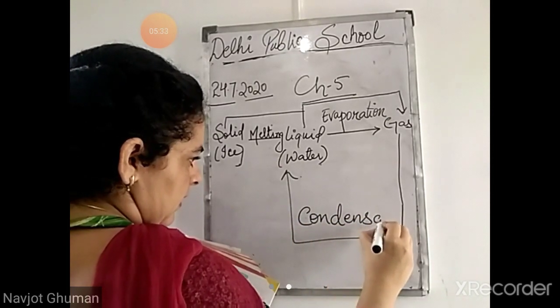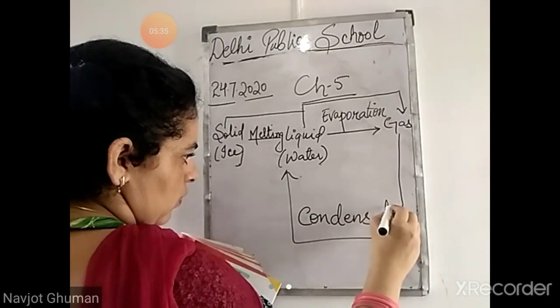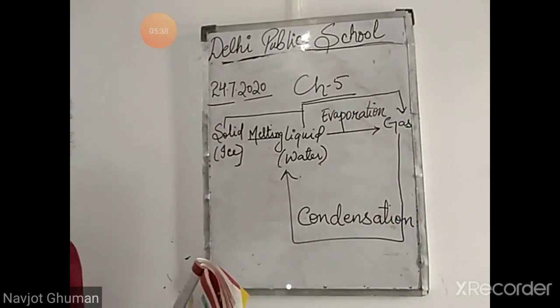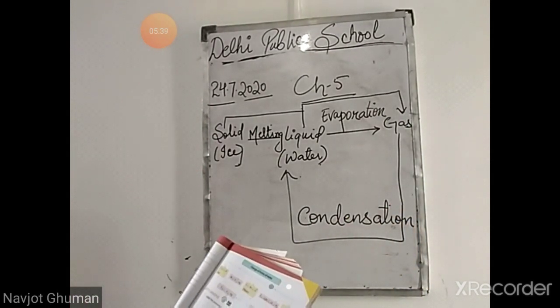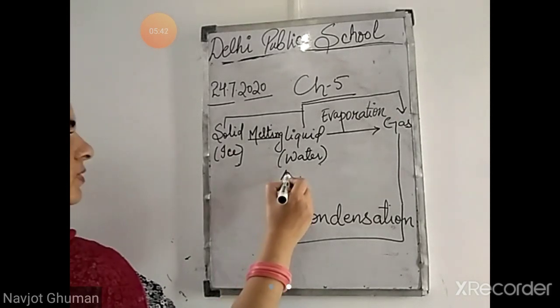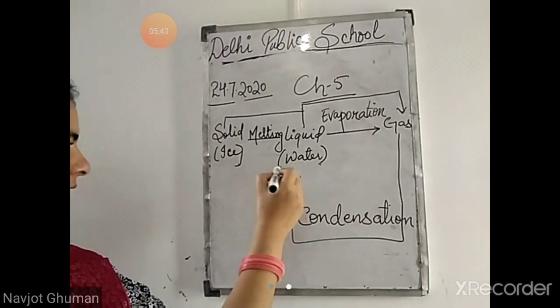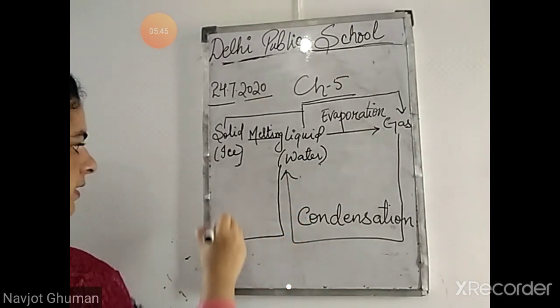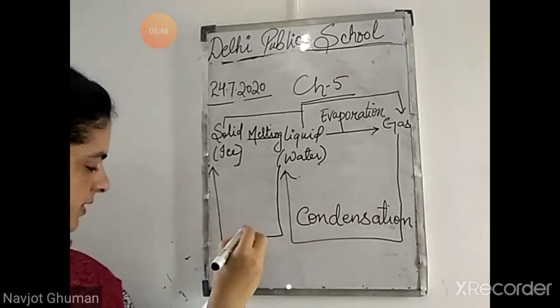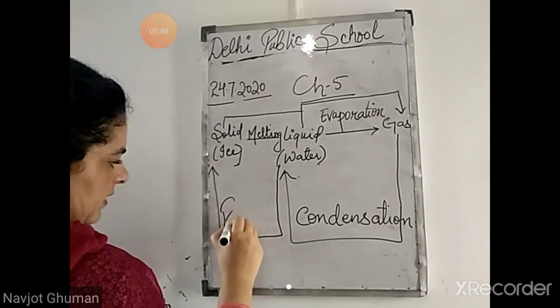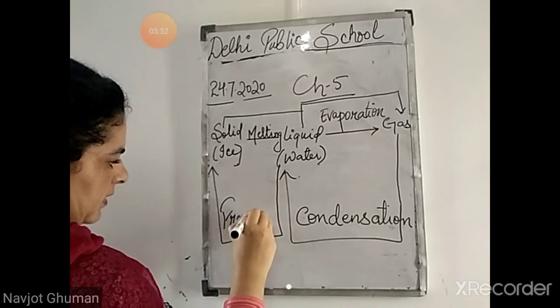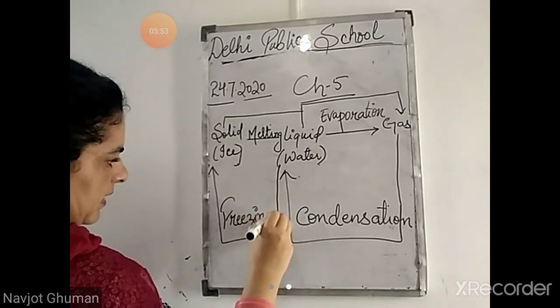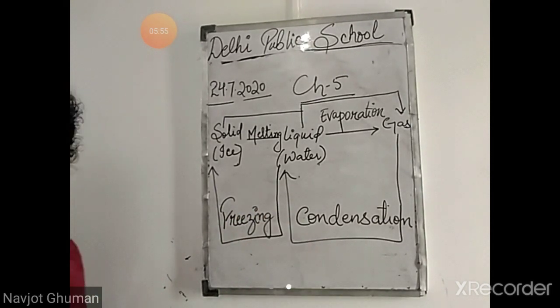C-O-N-D-E-N-S-A-T-I-O-N, condensation. Next, liquid changes into solid. So this is the liquid that is changing into solid by which process? That is freezing.